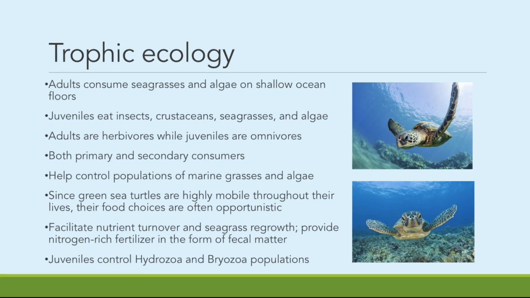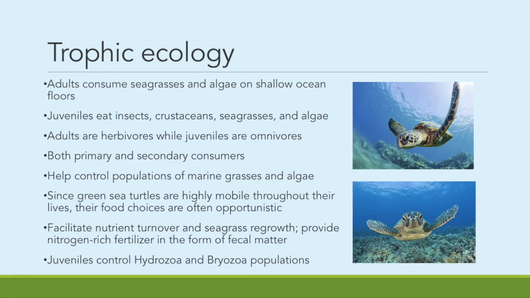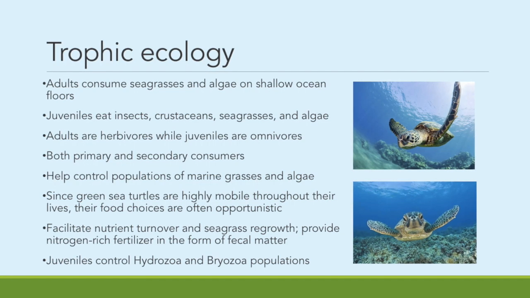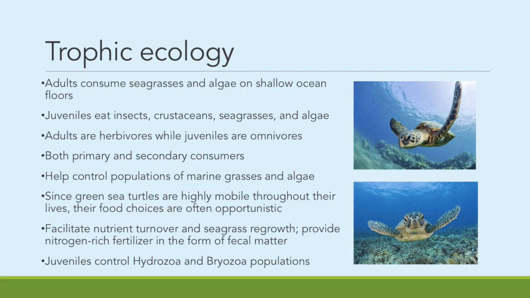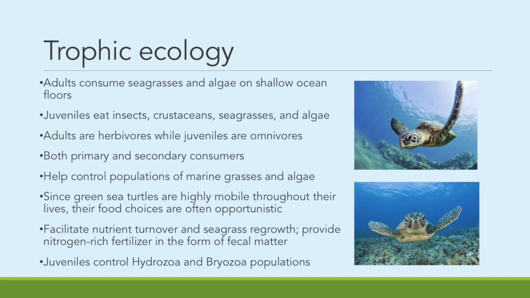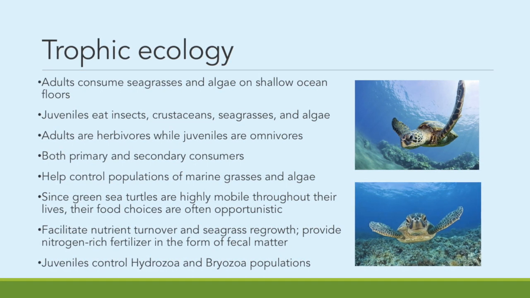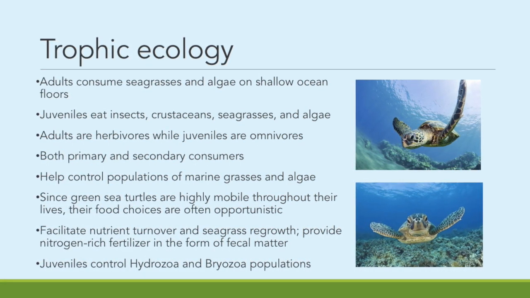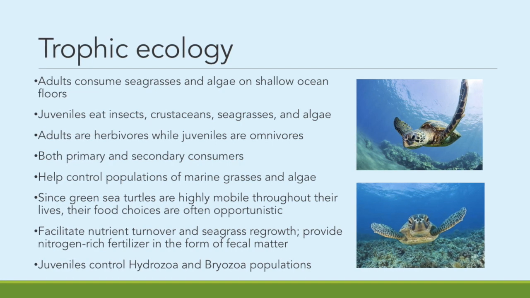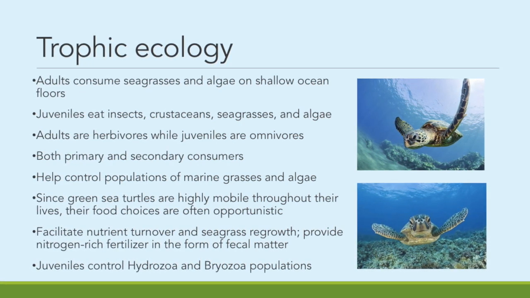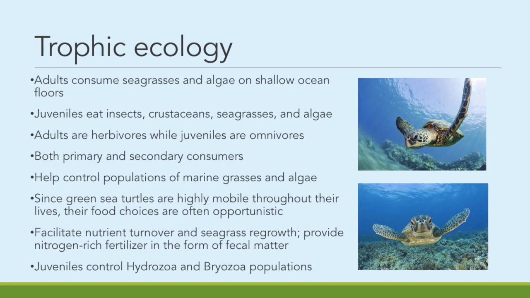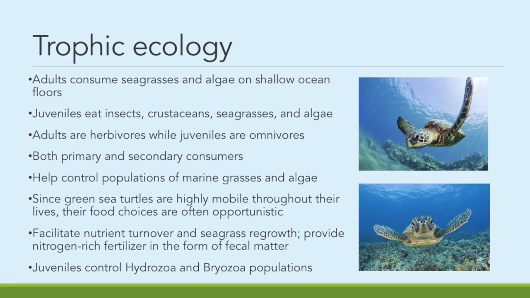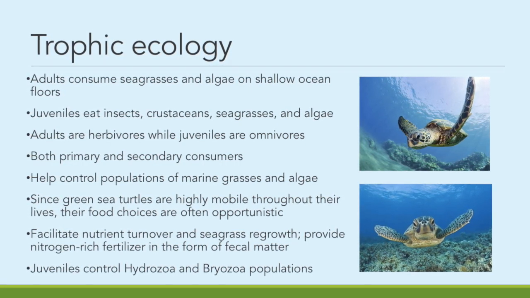Trophic ecology of green sea turtles includes its diet and ecological role. Adults consume seagrasses and algae on shallow ocean floors, and juveniles eat insects, crustaceans, seagrasses, and algae. Adults are strictly herbivores, while juveniles are omnivores. Juveniles are both primary and secondary consumers, while adults are strictly primary consumers.